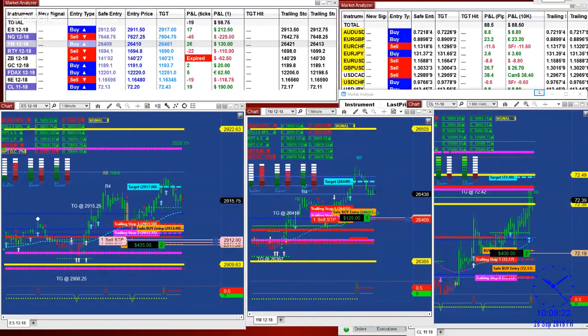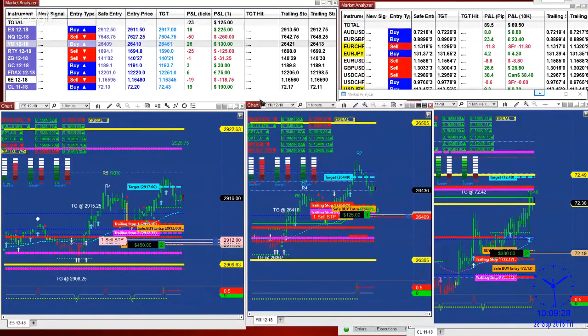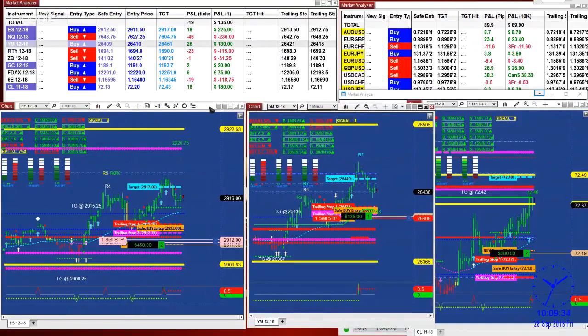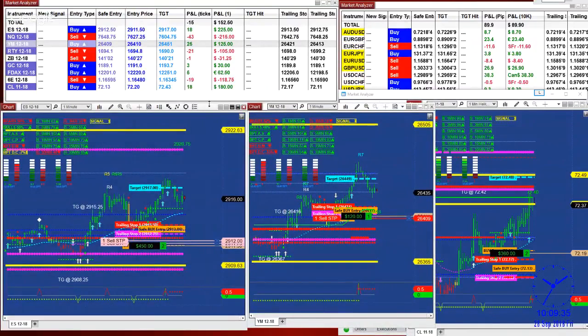Let me see. Friday is usually hard to trade, and the best way to trade Friday, guys, if you don't have that many hours behind the screen, I can respect that.